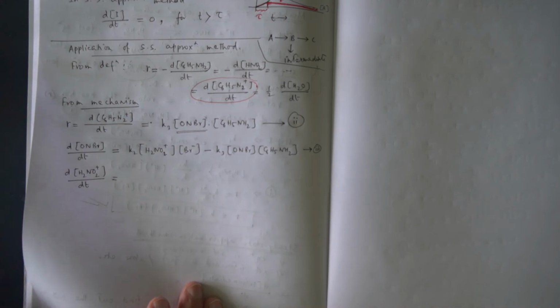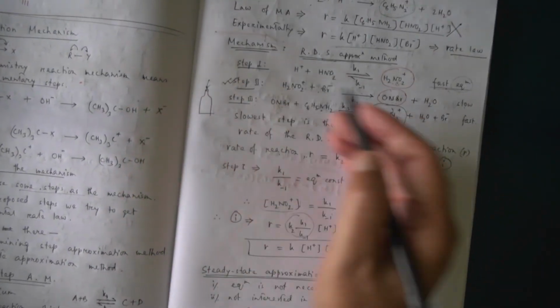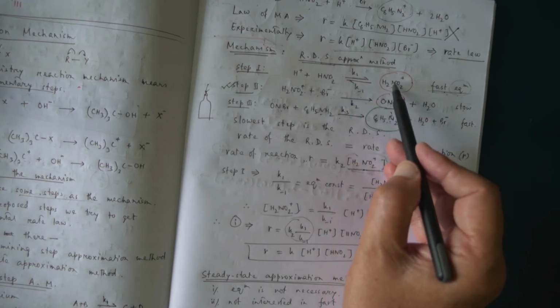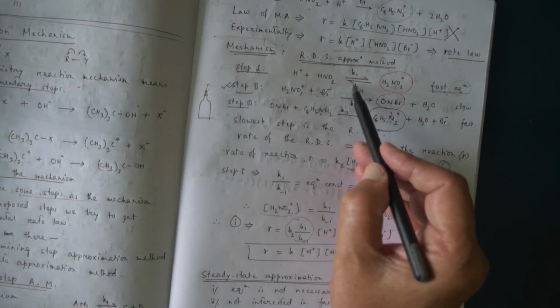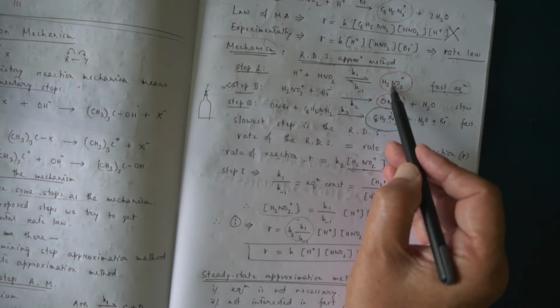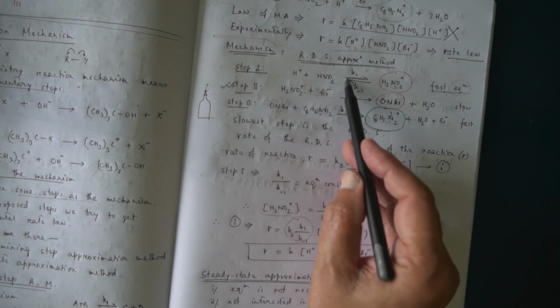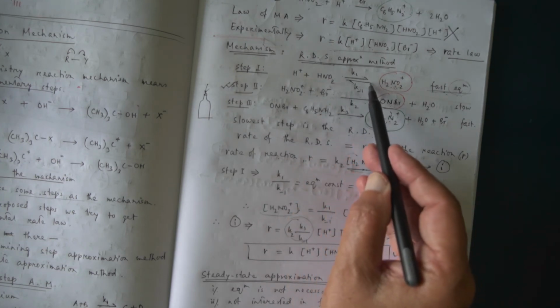So this is equal to what? In the forward reaction, this is formed. In the backward reaction, this is lost. In this reaction, this is lost. So positive, negative.